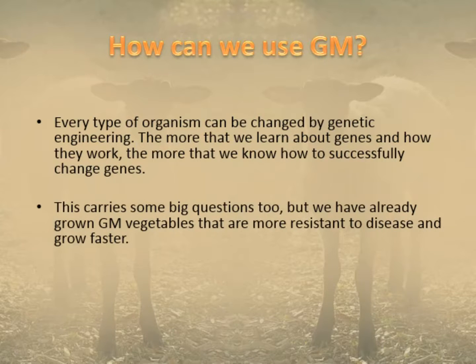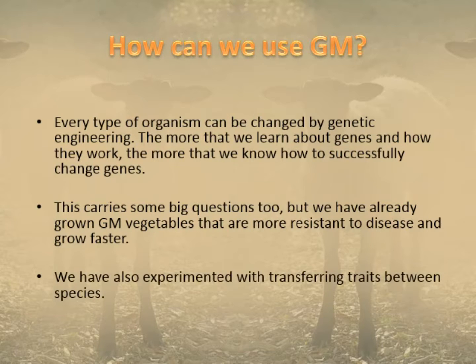So, as you can see, this has also got some quite big questions going along with it, but we've already grown GM vegetables that are more resistant to disease and also grow faster, and we have started to experiment with transferring traits between species of animal and not just in plants.